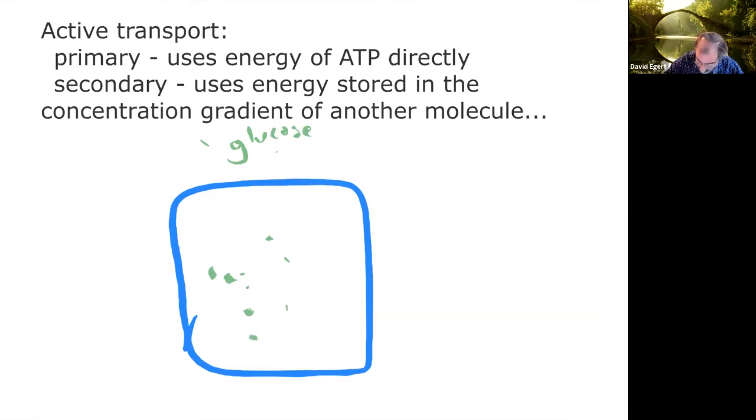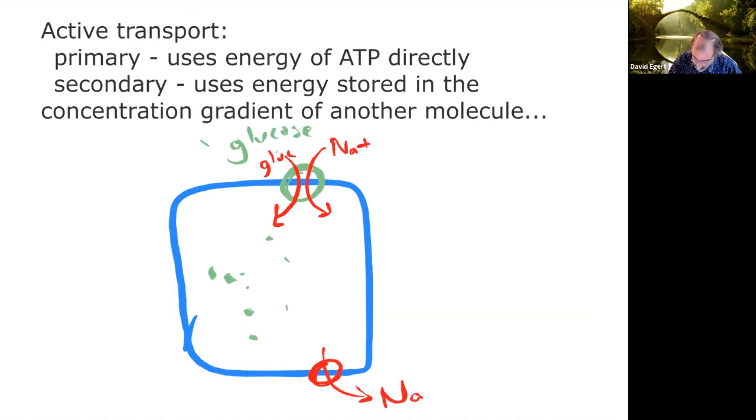So what I do is I have one of these cotransporters, a symport, that moves glucose in, but only if it comes in with sodium. And then I put a sodium pump here. And this is going to be primary active transport.